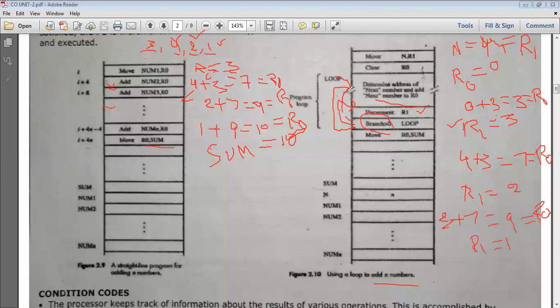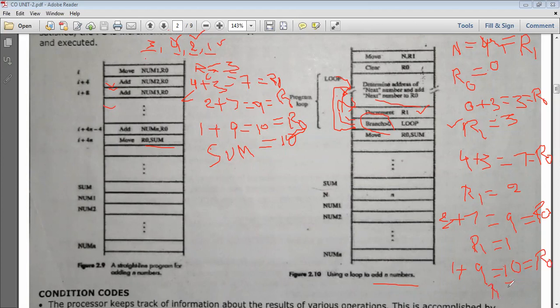In loop, what happened? Take the next number and add with R0. The next number is 1. Add with R0, that is 1 plus 9, that is 10. And the result is stored in R0. Next, the R1 value will be decremented by 1. Now the R1 value becomes 0.